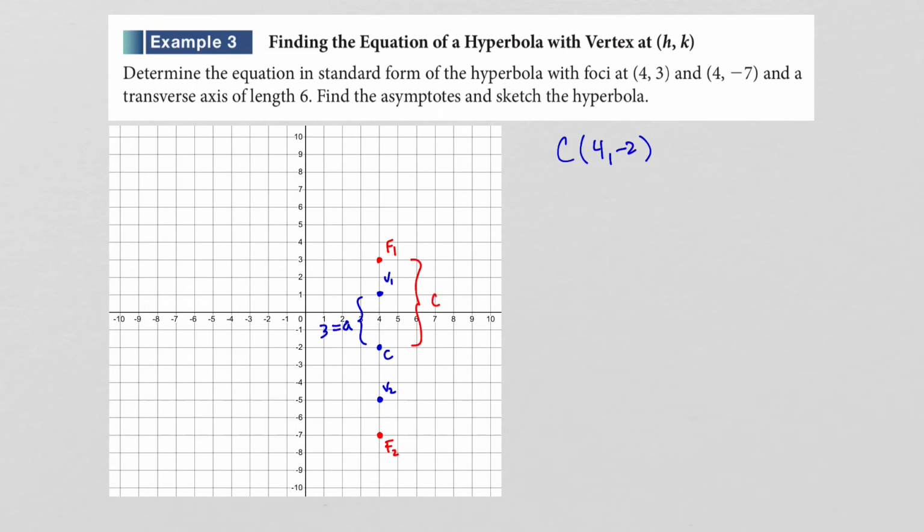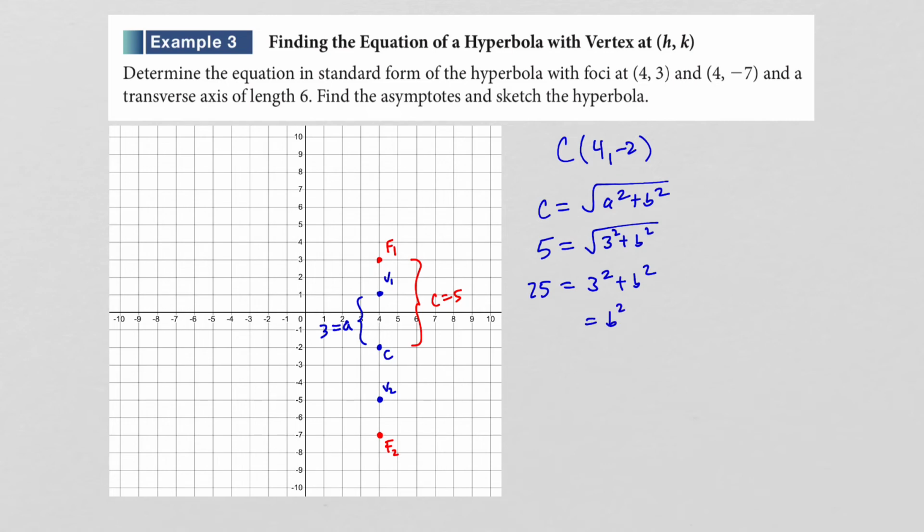of c is 5 units, and that will allow us to find the value of b because we know that c equals the square root of a squared plus b squared. And so if c is 5 and if a is 3, we can plug that in, square both sides, we get 25 equals 3 squared plus b squared.